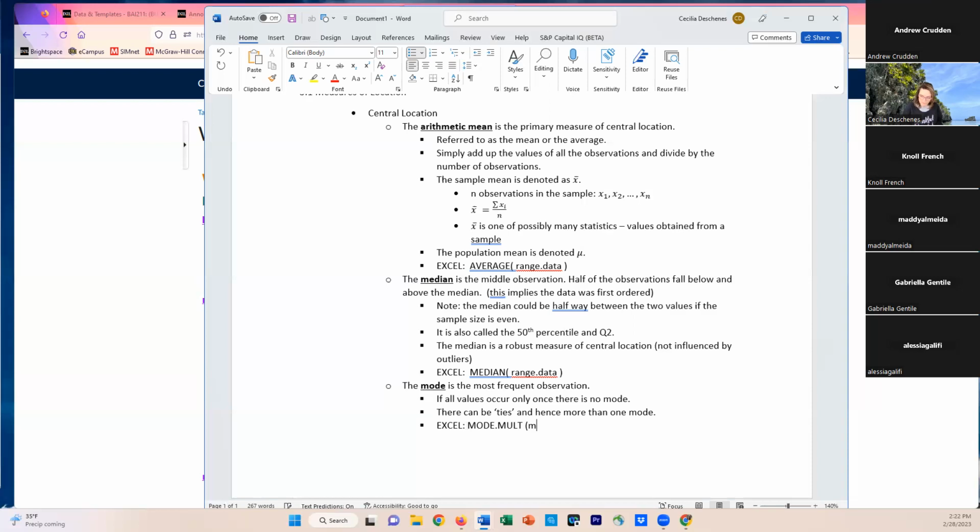So you have to be careful. Make sure there's vertical room below the location of this function in case there are multiple modes.